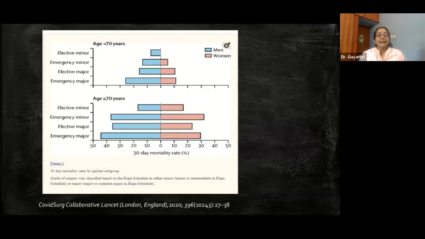Here in this graphic, we can see that for patients who are more than 70 years of age, when they come for any surgery, whether it is emergency minor, elective major or emergency major, the 30-day mortality rate is really very high when compared to patients who are less than 70 years of age. So at this point, we have to remember this when we're doing a pre-anesthetic checkup, and naturally we have to tell this when we're taking informed consent, right?